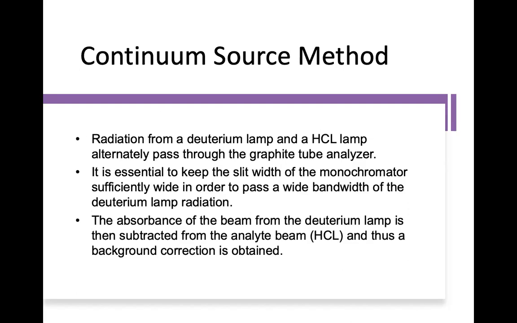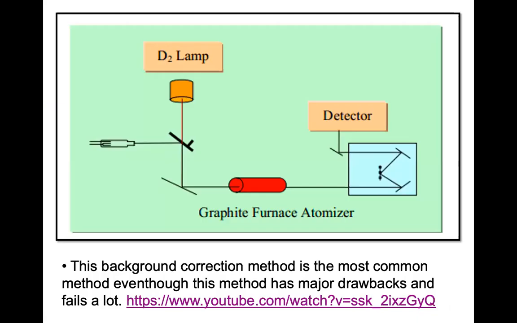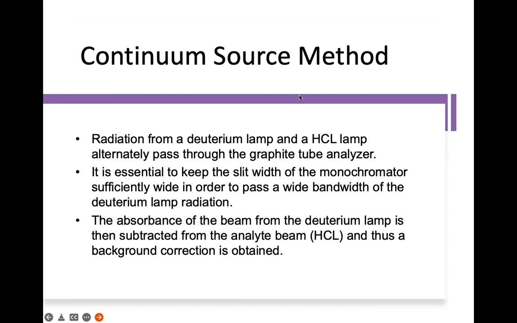Another one is the continuum source method. As I mentioned, I will give you the updated version of the slides where you can watch the YouTube video with animations. So at least you know how this beam cutter works, so that you can reduce the background effect, using what we call the background correction method with a deuterium lamp and the beam cutter.